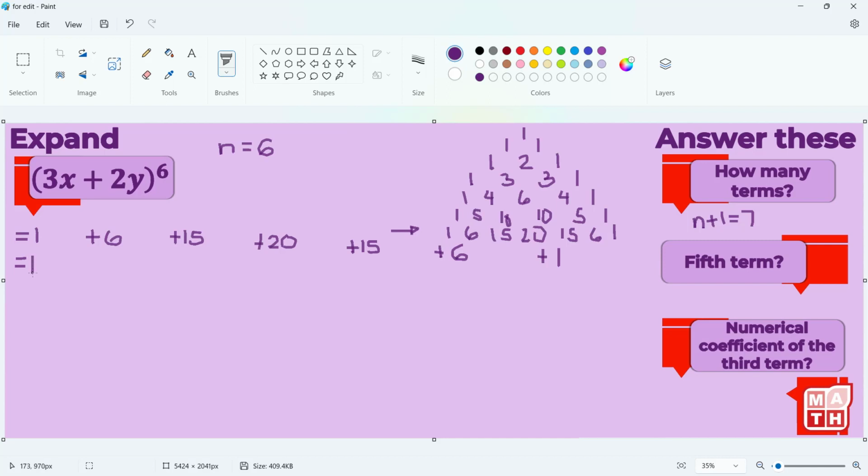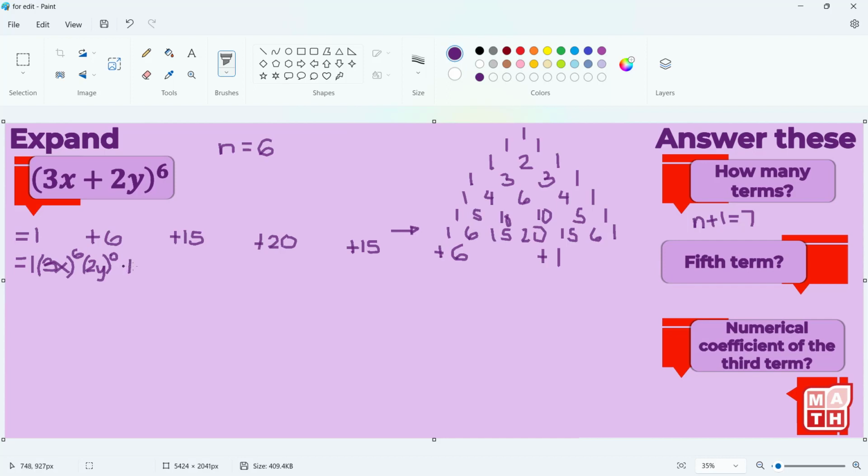You have here 1 as your coefficient, and you have here your first term, 3x, raised to 6. It's not just a 3, it's not just x, but it should be the complete term, while your 2y will be raised to 0. Okay, because it will start with 0 for the second term, while the highest would be for the first term.